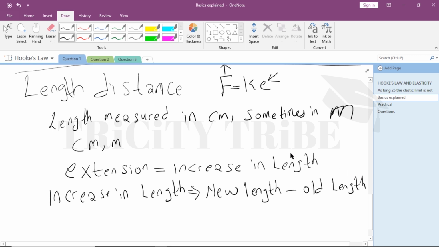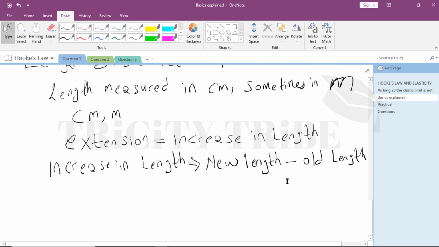Now this is it. Let me explain. Imagine you have a rubber band, right? And your rubber band actually has a length of what? Let's say 3 centimeters.